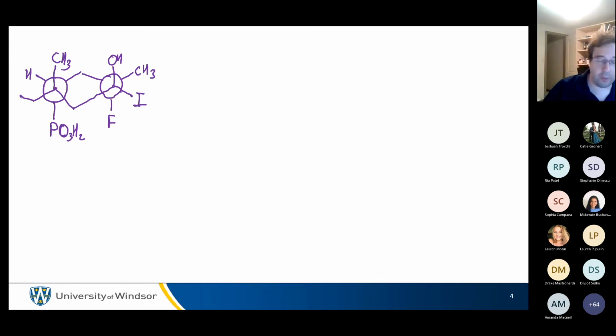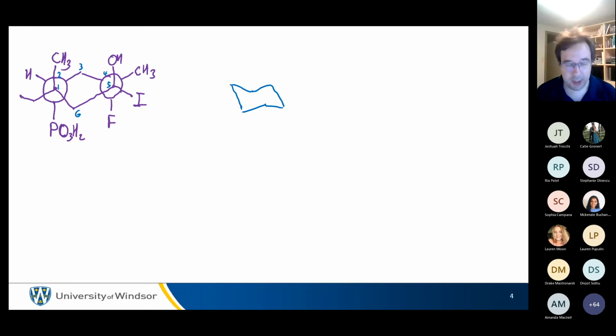Anyways, what we're going to do is go backwards from a Newman to a chair. So let's number our carbons. Carbon 1, carbon 2, carbon 3, carbon 4, carbon 5, carbon 6. Let's draw a chair.